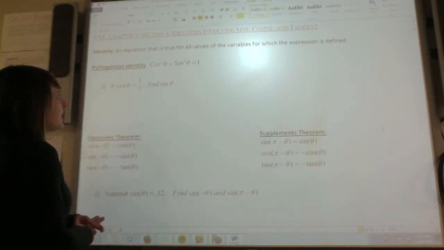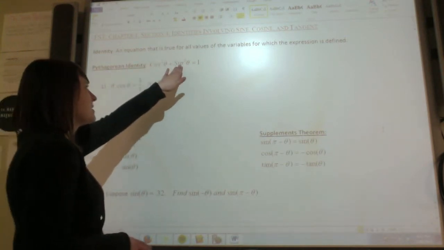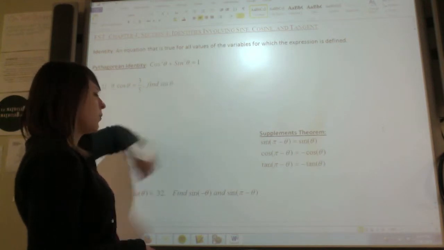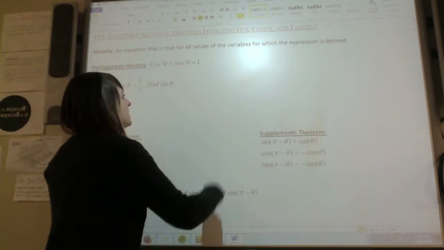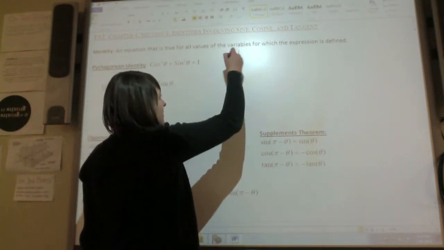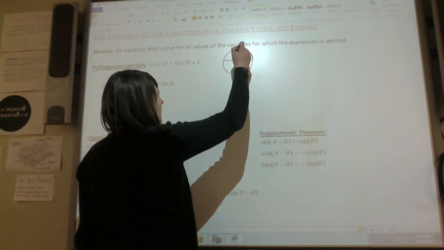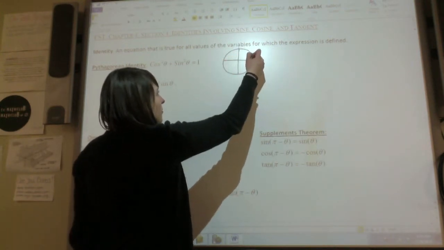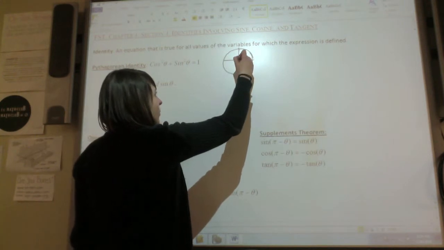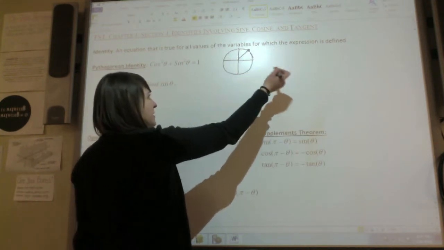Okay, so our first identity is the Pythagorean identity, and that says cosine squared plus sine squared equals 1. You'll notice that that's actually just based off of the Pythagorean theorem. If I look at the unit circle, remember that the radius of the unit circle is 1. So let's say I'm looking at this point here.